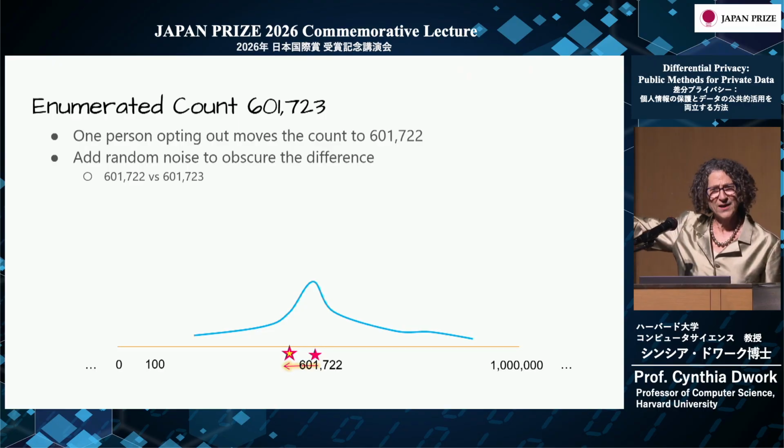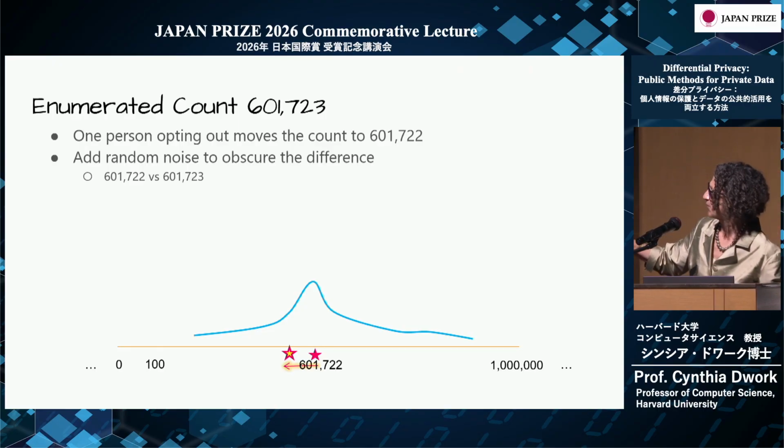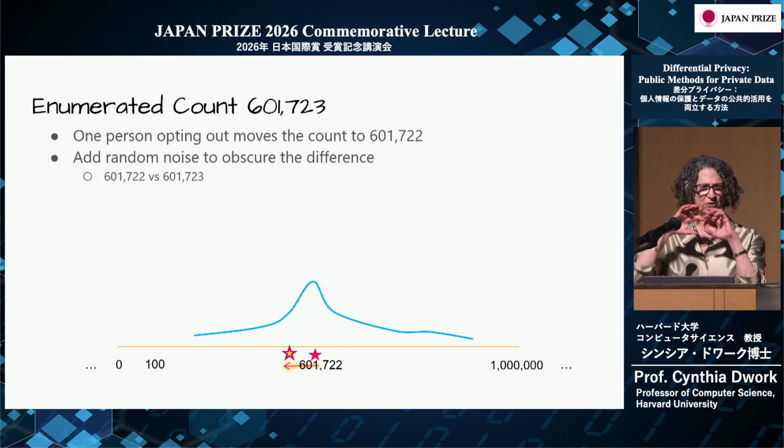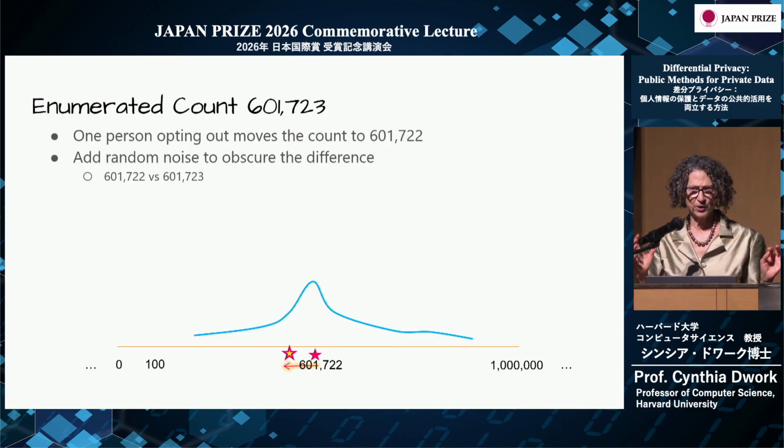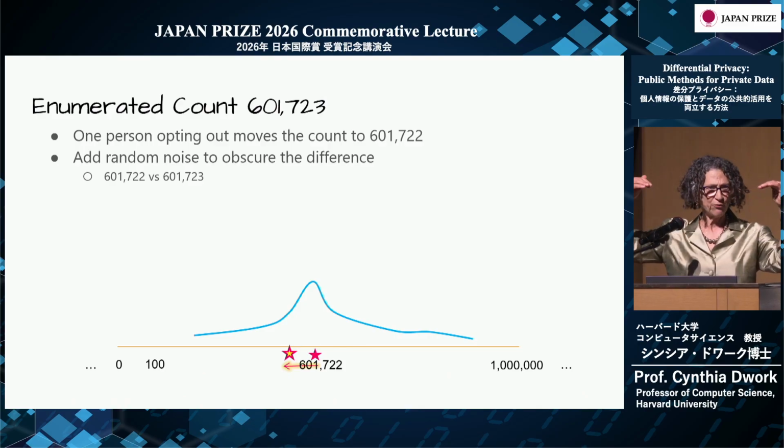So this is my attempt to draw a symmetric curve. I'm not very good at drawing. So this is the probability distribution on outcomes. The most likely outcome will be the truth, and then as we get farther away from the truth, larger or smaller, the probabilities will drop off.